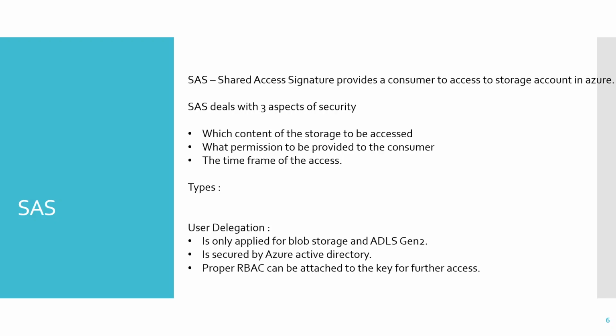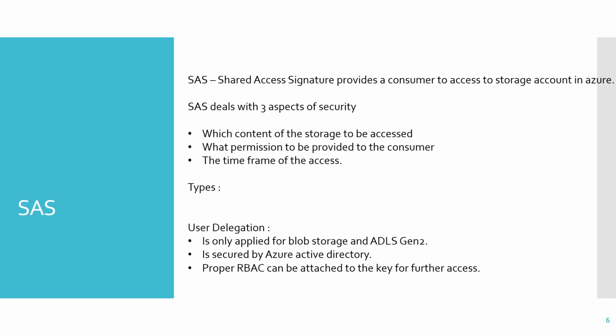The first one is user delegation SAS, and that is only applicable for blob storage. ADLS Gen 2 is more a flavor of Azure blob storage again, primarily used for data engineering, where data services like Data Factory or Databricks come into the picture.